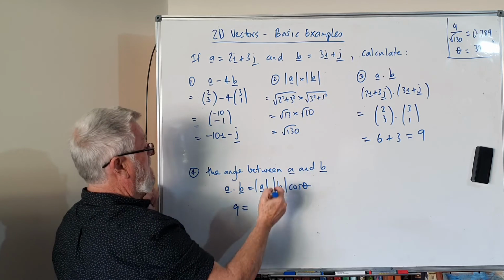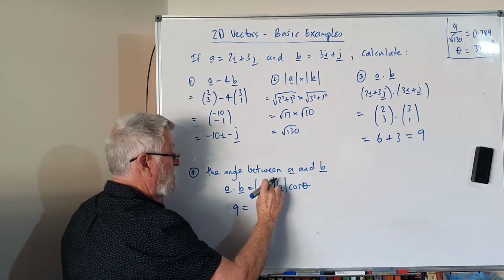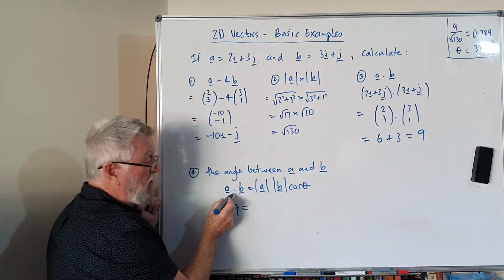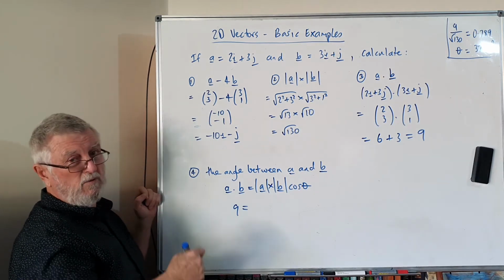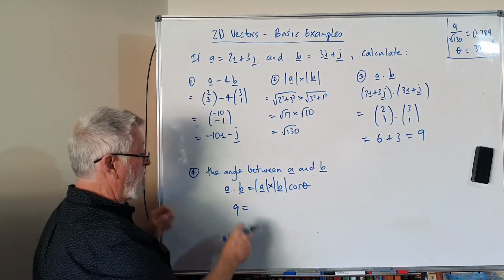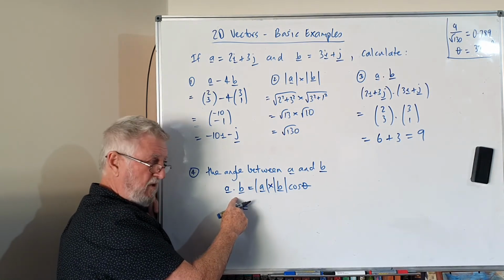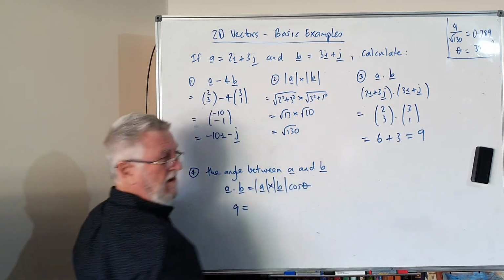Now go back to here, I've got the magnitude of a by the magnitude of b. It might cause a bit of confusion, I put a dot there, because here we have to have a dot, but here we don't, we write it normally as a multiplication. If you wanted to write a dot, it means multiply. But it's a bit confusing in vectors because that dot has a very specific meaning.